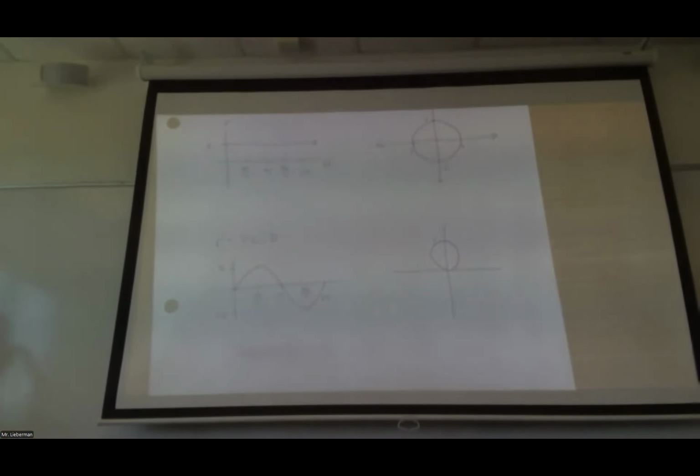But think about what happens in the next quadrant. Going negative. Is it going to make a second circle below?